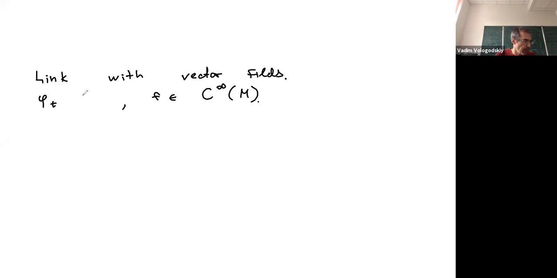Then what I can do is compose these two. I have M, I have phi sub t, and I have f, which maps to real numbers. So I can take the composition f of phi sub t, at some point p.